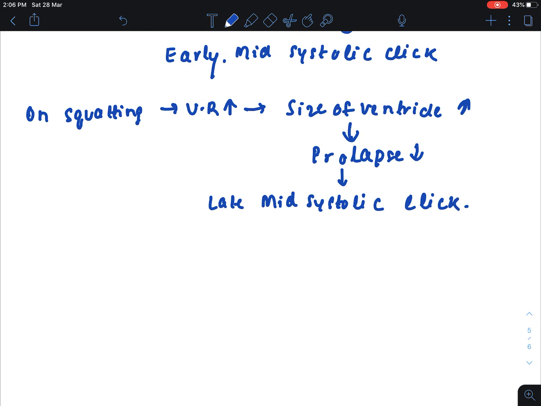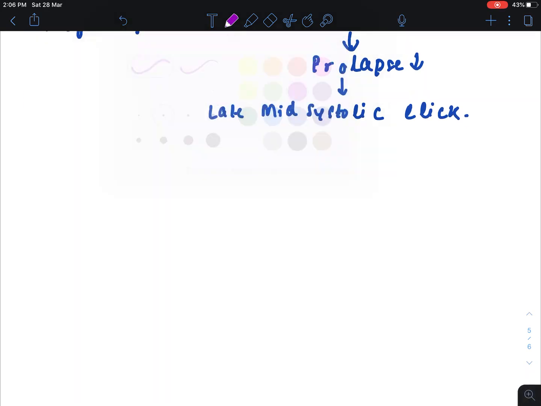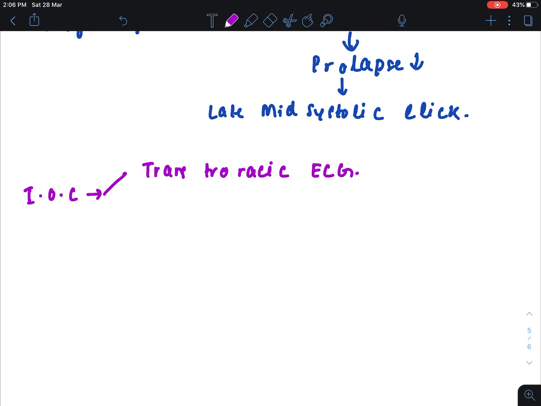Okay, now the last thing left is the treatment. But before treatment, one thing more: what is the investigation of choice for such patients? The investigation of choice is transthoracic echocardiography.